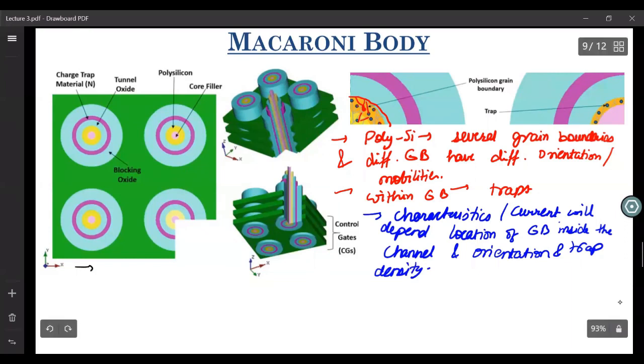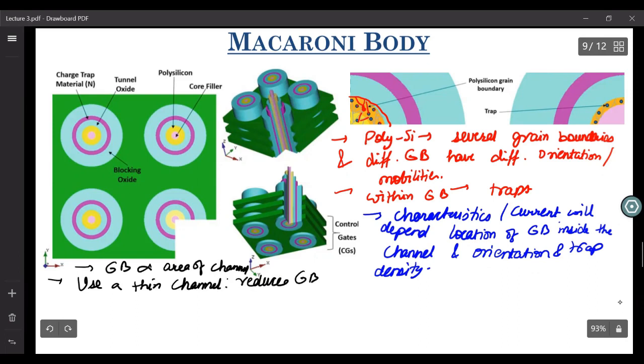Observe that the number of grain boundaries is proportional to the area of the channel. So if somehow you use a thin channel, you reduce the number of grain boundaries in your channel, and as such you also reduce the variation due to grain boundaries across different cells.